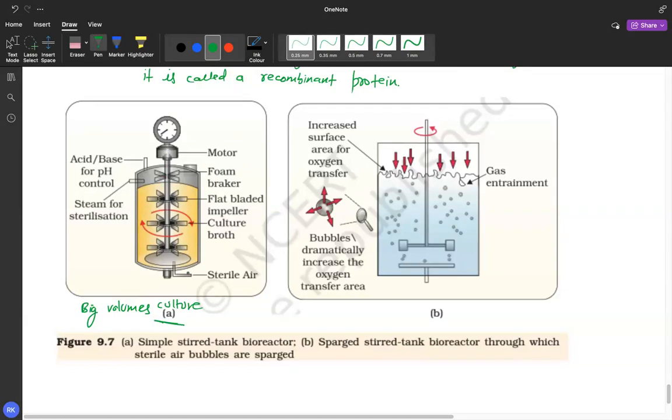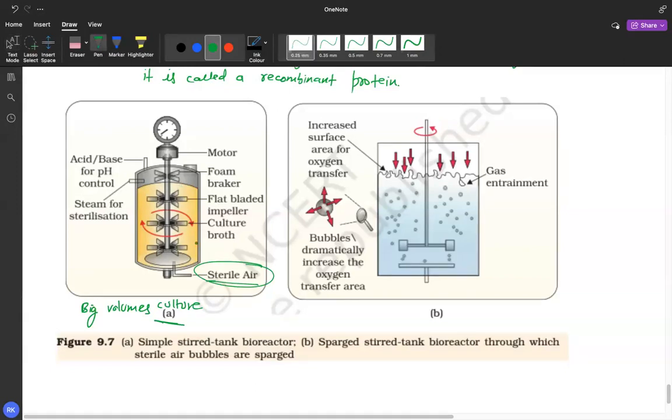So this is a big vessel, and there is a place to send sterile air. Sterile air means the air should not be contaminated itself. So the air has to be sterile. You are culturing bacteria, you would not like bacteria coming from the air to contaminate your culture. This is where making this bioreactor is a part of bioprocess engineering.